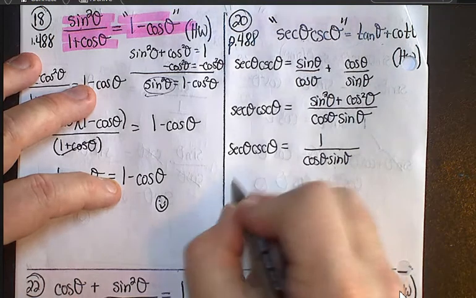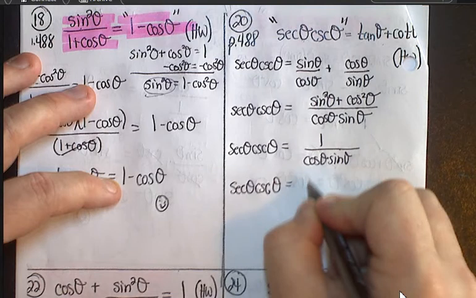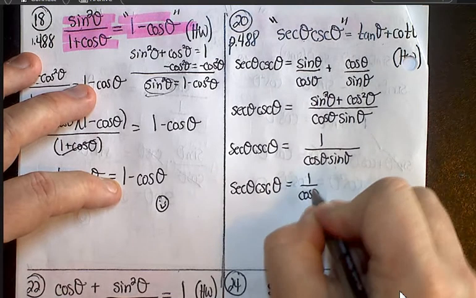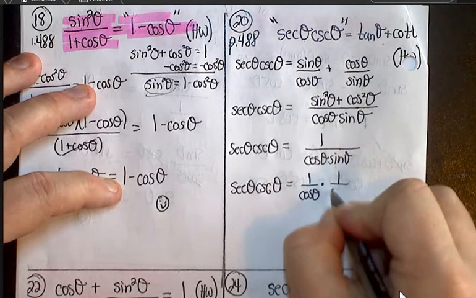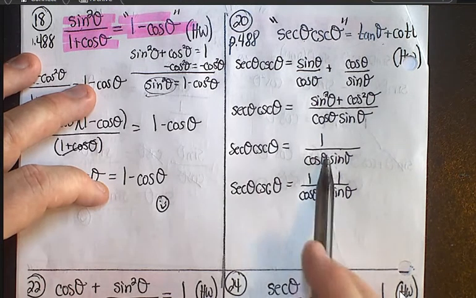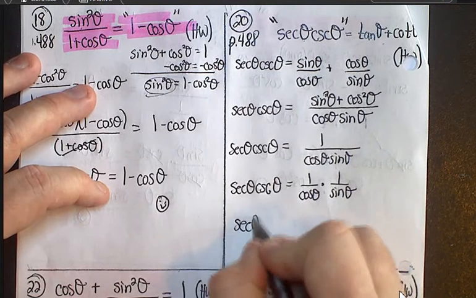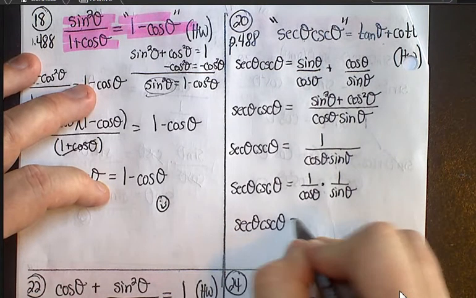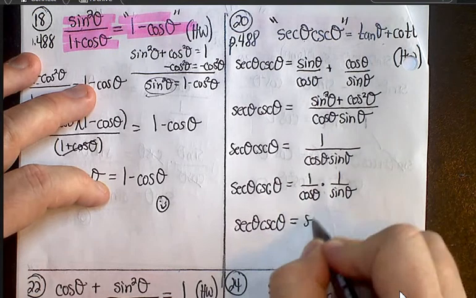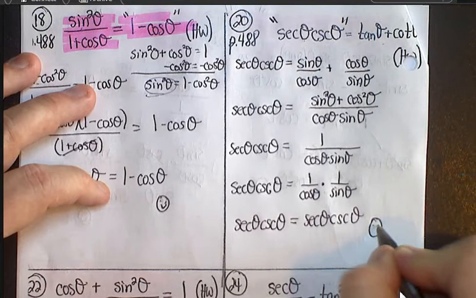So we have secant theta cosecant theta, and I'm going to split this up into 1 over cosine theta times 1 over sine theta. All I did was split up that product, same fraction as if you multiply it together. And then you can see that that becomes secant theta, that becomes cosecant theta, and we proved it.